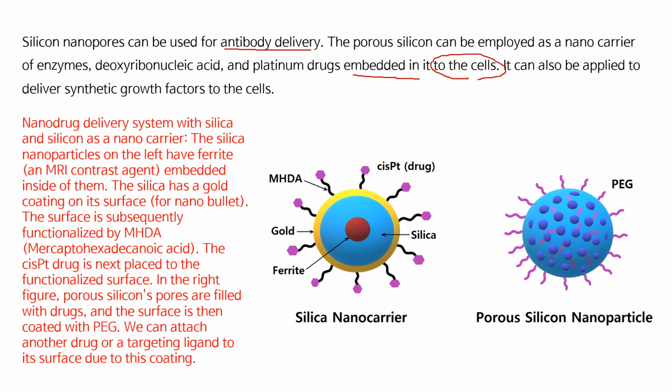A nanodrug delivery system with silica and silicon as nanocarrier. So here, the silicon nanoparticles on the left have ferrite embedded inside of them. This can be used as an MRI contrast agent. The silica has a gold coating on its surface, here, a gold coating for nanobullet.